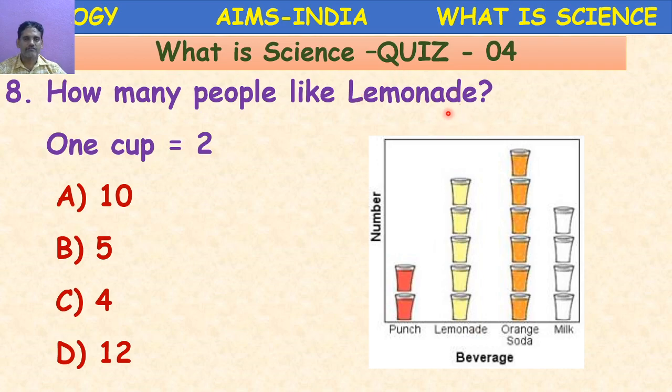Yes, I got the answer. Yes, how many are there here? 1, 2, 3, 4, 5. 5 2s are 10. Okay. So the answer is A. Okay. So if you are considering orange soda, how many? 12. Okay. Let us proceed to the next question.